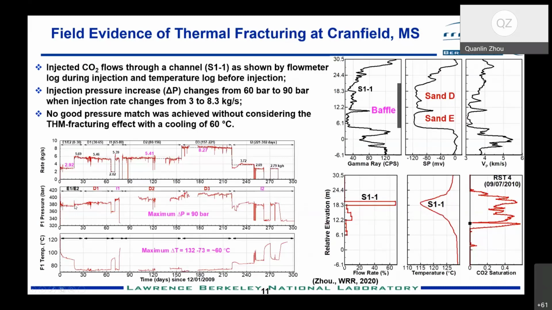The pressure increase, delta P, changes from about 60 bars to 90 bars when the injection rate changes from 3 to 8 kg per sec. So no good pressure match was achieved without considering the THM fracturing effect with a cooling of 60 degrees C.